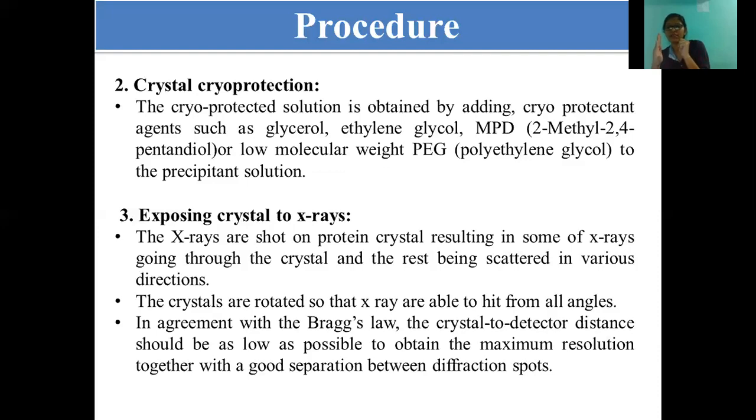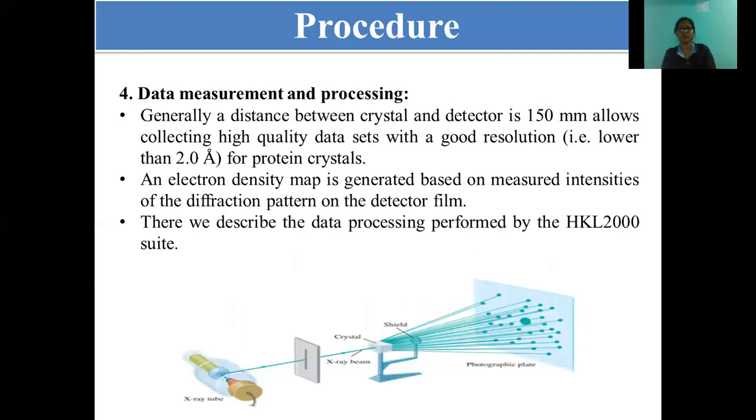If the distance between the crystal and the detector is more, whatever rays are diffracted from this crystal are not completely recorded on the detector, because, as I already told, X-rays have a very short wavelength. So to obtain the maximum resolution, or good separation between the diffraction spots, the distance between the crystal and the detector should be within 150 nanometer. This is according to Bragg's law.